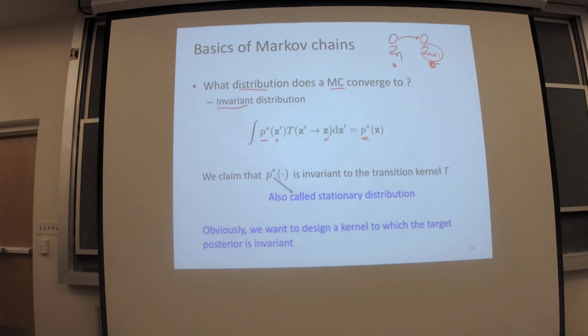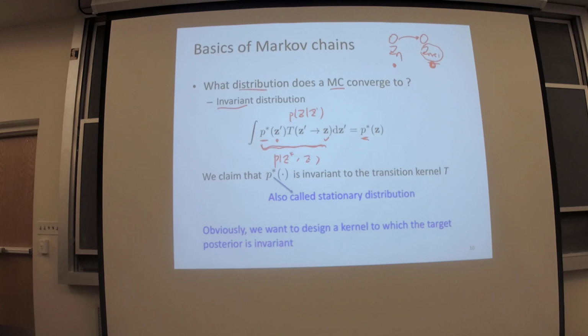This marginal distribution of Z can be computed by marginalizing the joint distribution of Z prime and Z. This is the joint distribution, starting from Z prime and transiting from Z prime to Z. This is a conditional distribution, as we just mentioned.